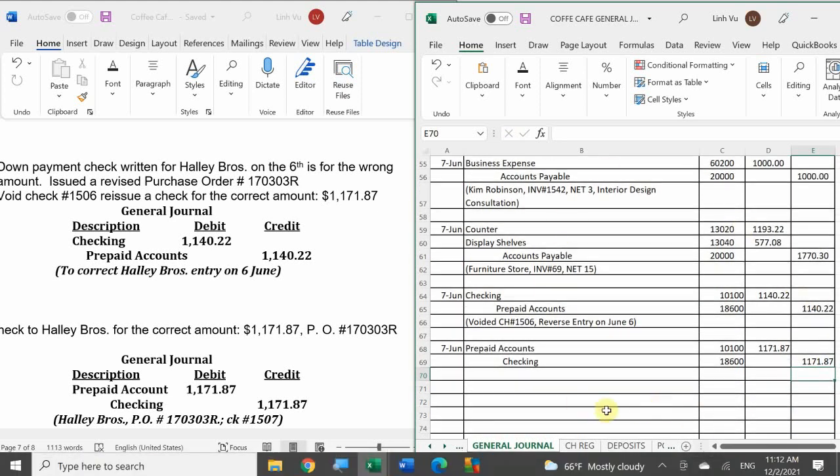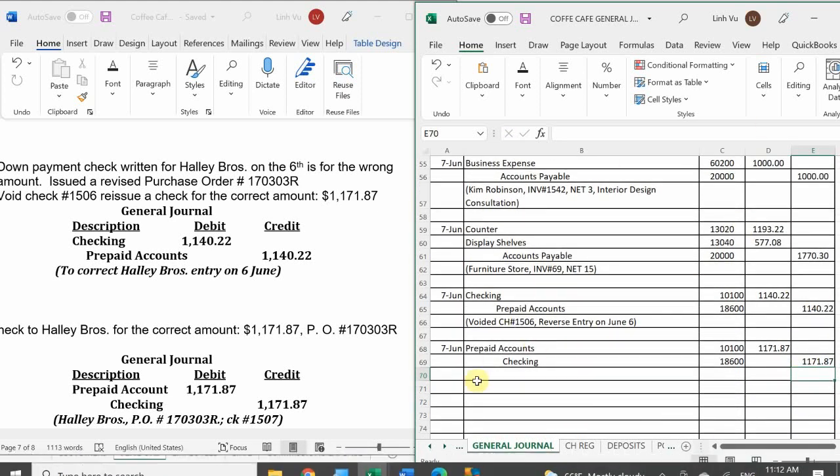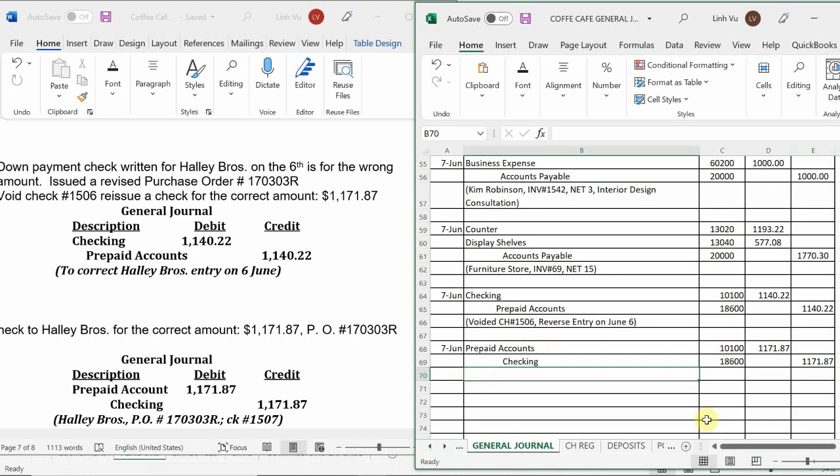So here you have all the information that you need, right? You have Hallie Bros, whatever you want to call them. Hallie Bros, PO number 17303R, because it's been revised. Okay? You're going to say the same thing. This is a third down payment.